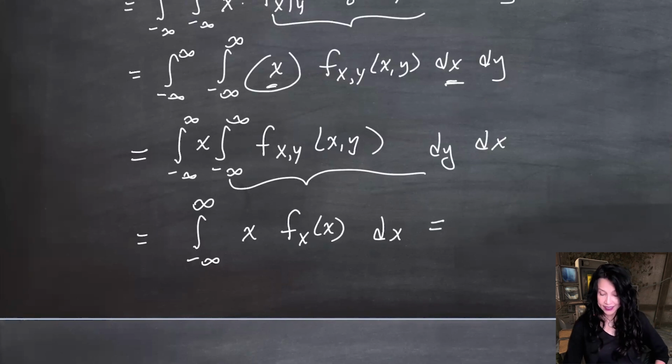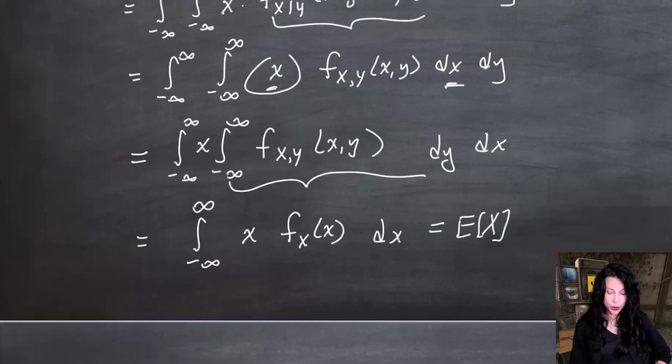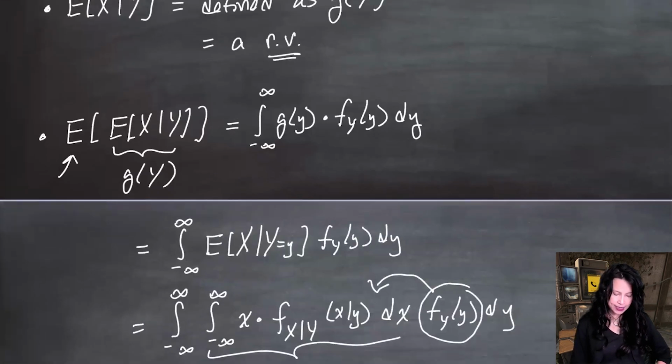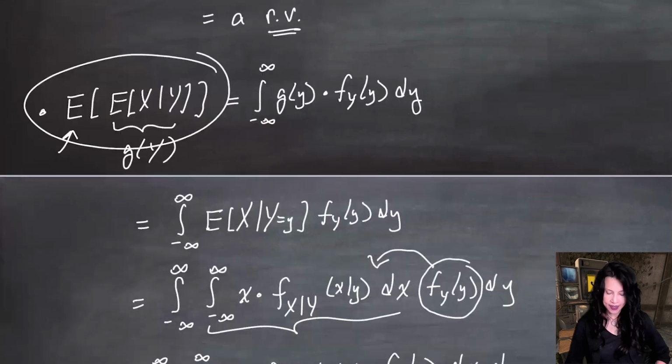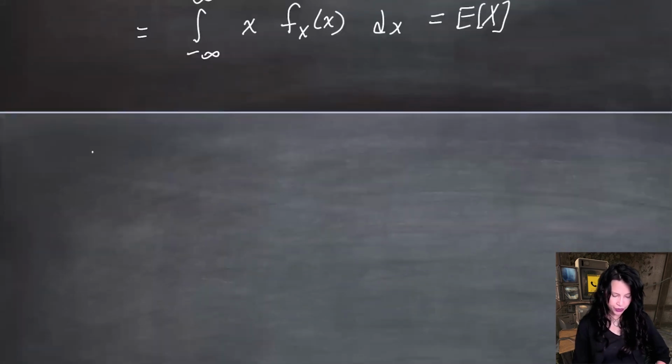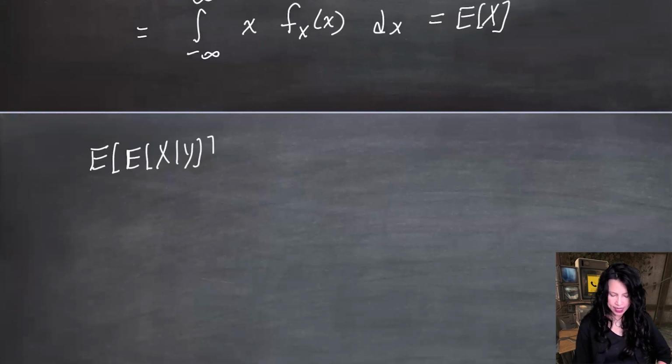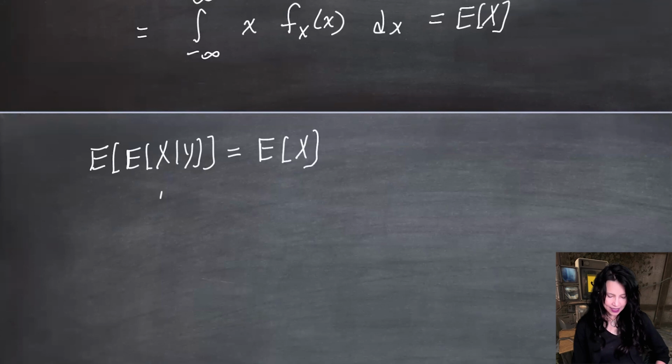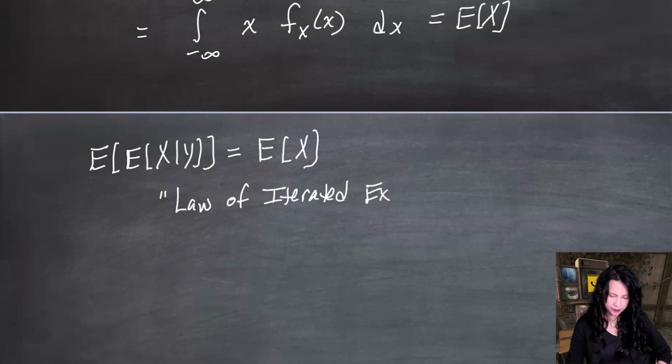And that is the expected value for x. We started with this expectation and got the expected value for x. We have shown that the expected value of the expected value of x given y is the expected value for x. This is known as the law of iterated expectation.